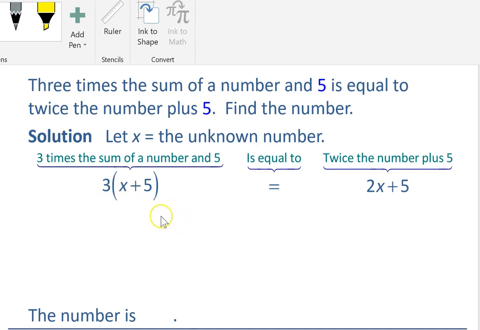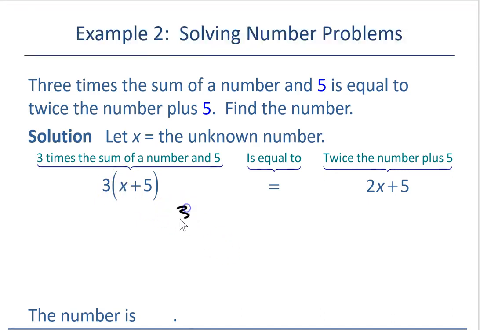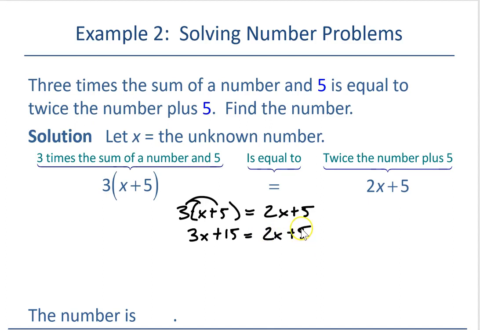We can rewrite this as 3 times the quantity x plus 5, all equal to 2x plus 5. First things first, let's distribute, and that's going to give us 3x plus 15 all equal to 2x plus 5. I'm going to subtract 2x from both sides because that keeps a positive variable there.